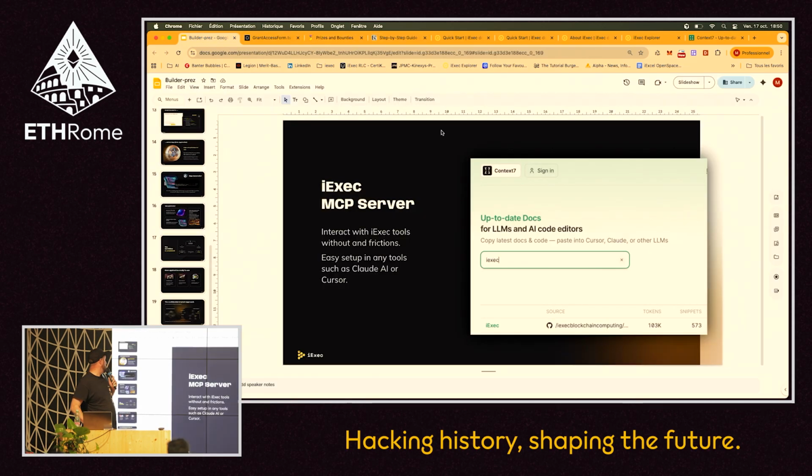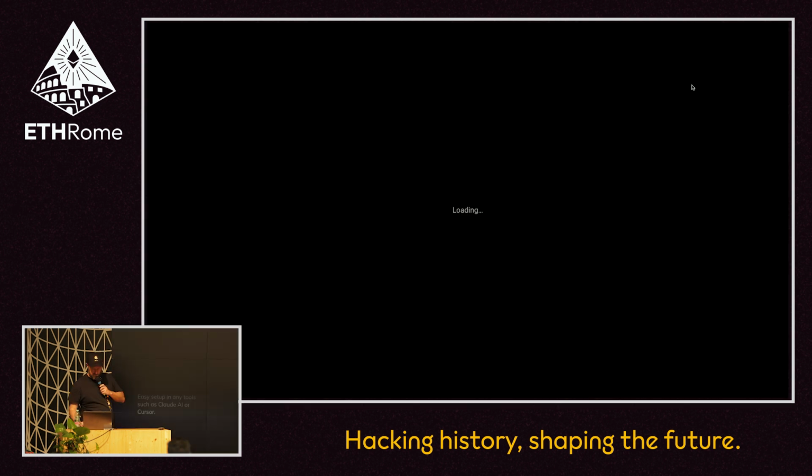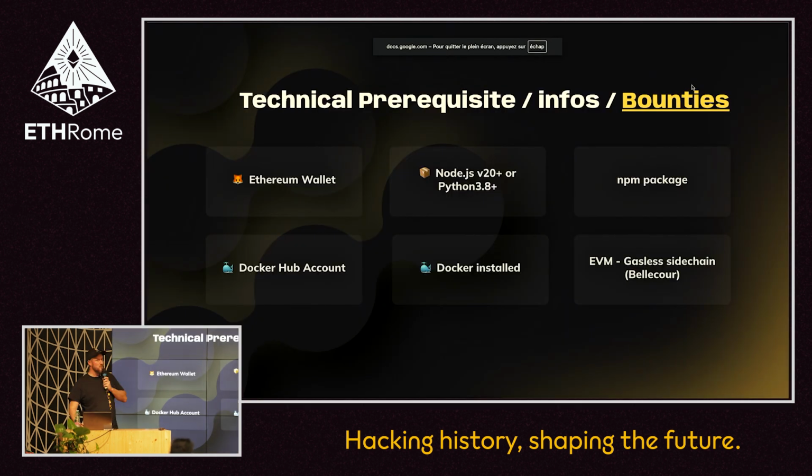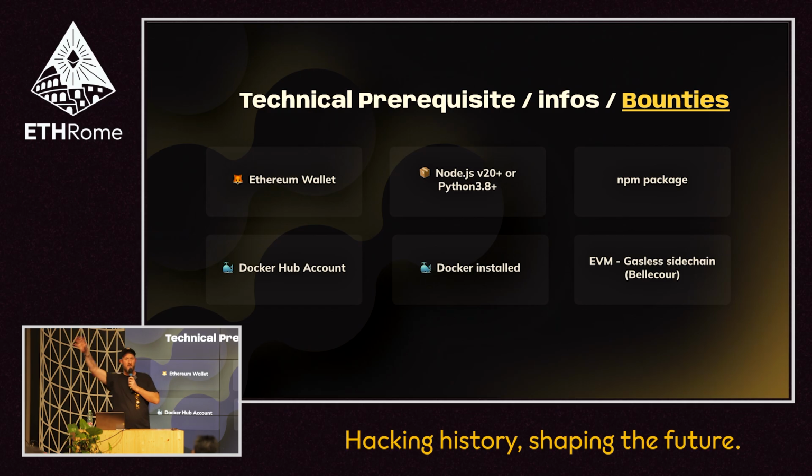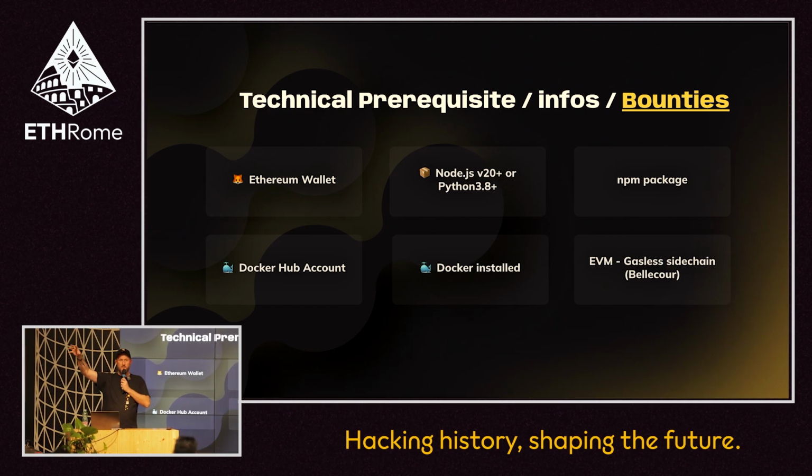Then, what else? Okay, prerequisites, technically you don't need that much. You need a Docker Hub account, you need Docker. Why Docker? Because when you deploy your iExec application, it will just create a Docker image, drop it on Docker Hub, then this image will pass through a tool for TEE-ification.